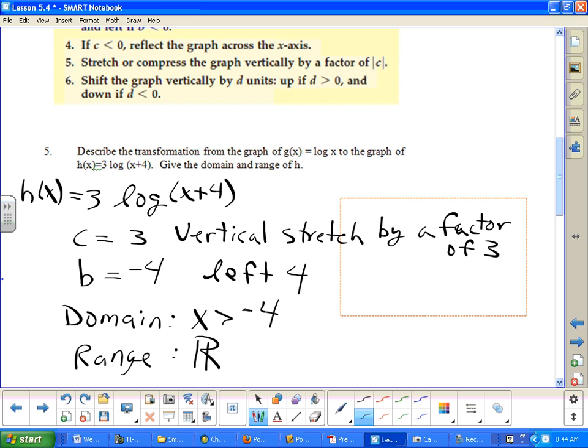Will the range ever change? Never for a logarithmic function, because it doesn't matter whether you stretch or compress it. It's still going to go on forever. Domain's the only thing that'll change if you move it left or right.